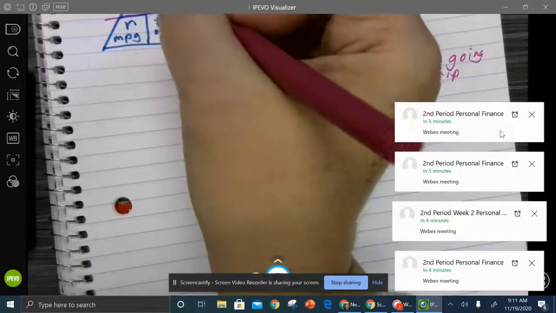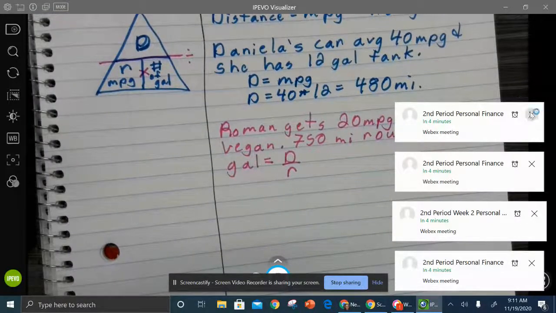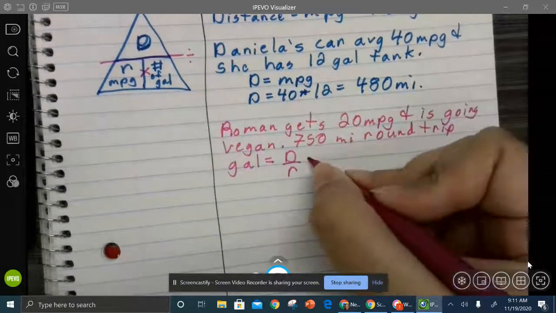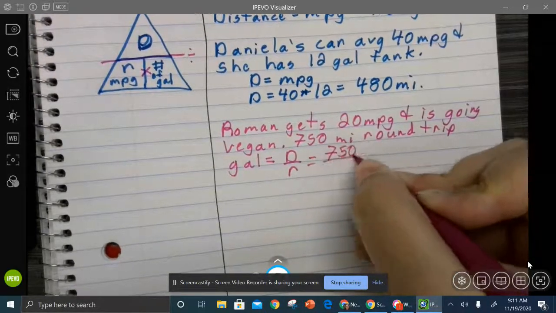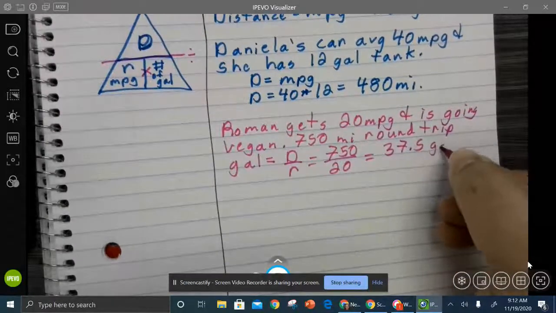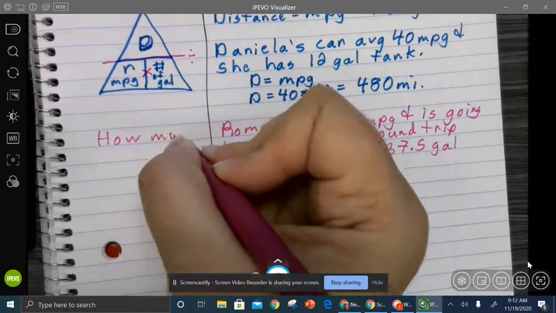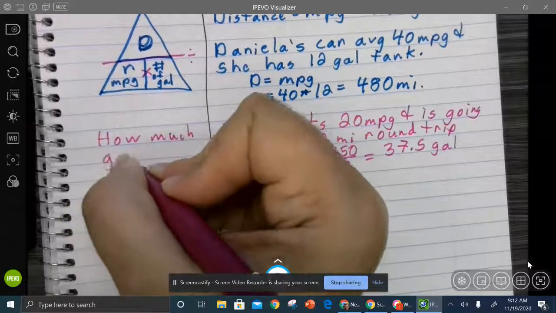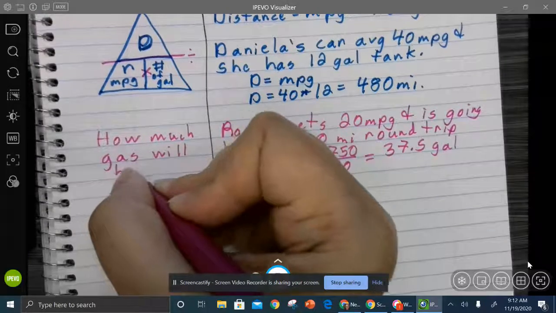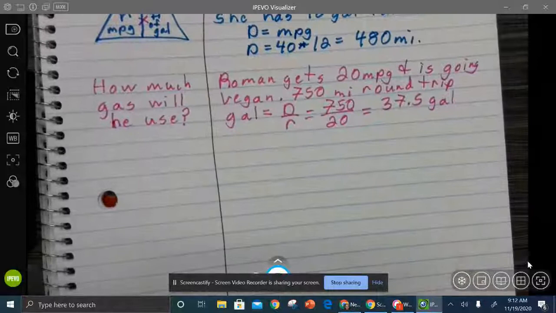Remember, we could divide right here. So 750 divided by 20, 37.5 gallons. This is if we needed to know how much gas Roman will use. Maybe he needs to figure that out just to budget for gas for his trip.